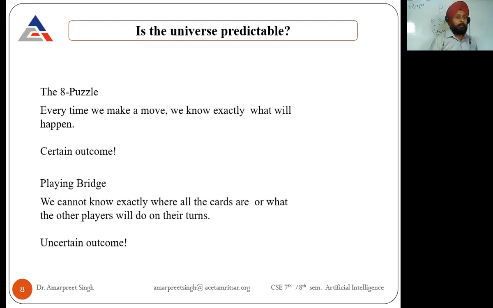Similarly, in chess, the outcome of the next move, whether you will win or lose in that particular move, is not certain. This is a very important feature of any problem. And if we have knowledge about this feature of a particular problem, it is very easy to solve the problem.